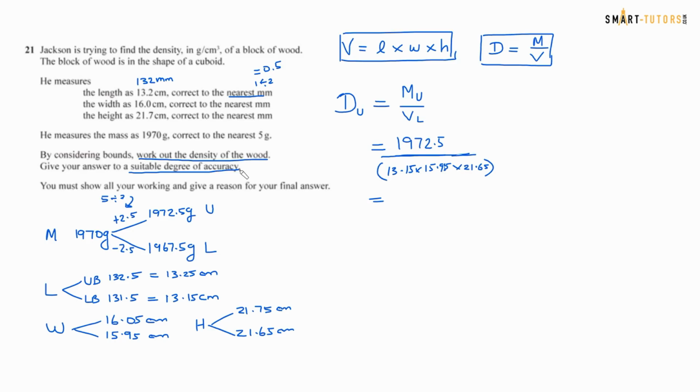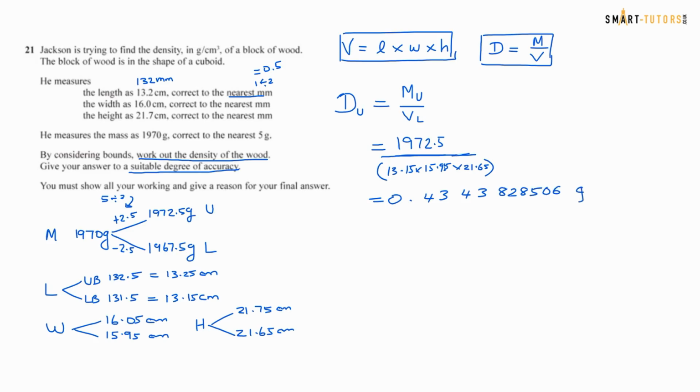So let me press the calculator. 1972.5 over 13.15 times 15.95 times 21.65.